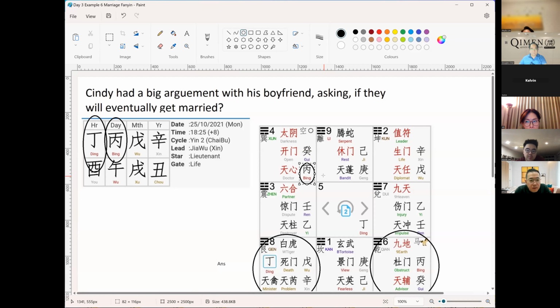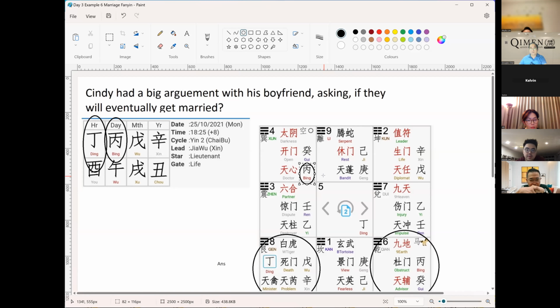So anyhow, if we were to see, okay, we just look at box number 8. Everything is black. So can I say that likelihood they are not going to get married? No, no chance. Okay, but let us analyze what is the implication in this case. The Cindy is number 6. Cindy, there's a horse over here.